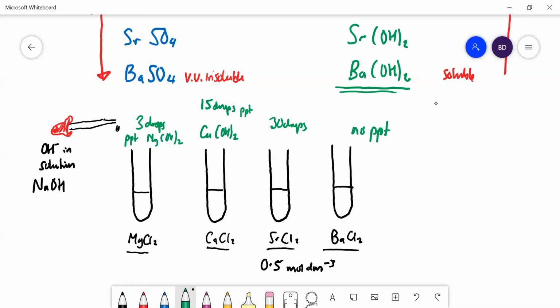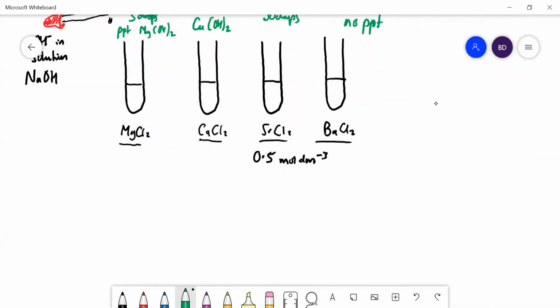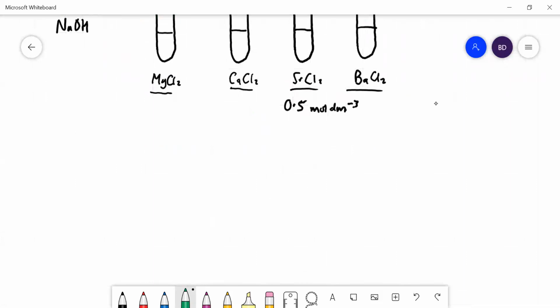This is going to be the last video on group 2. It's a pretty short topic. There are just a couple of odds and ends to tie up which I haven't mentioned. One of them is magnesium used in titanium extraction.